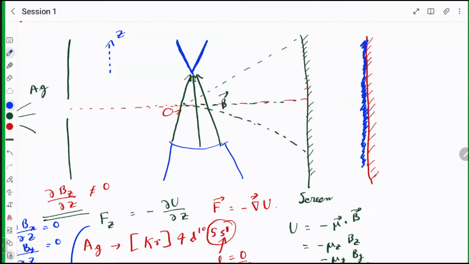But what we do see experimentally is that the silver atoms are only concentrated in a spot here and a spot here.